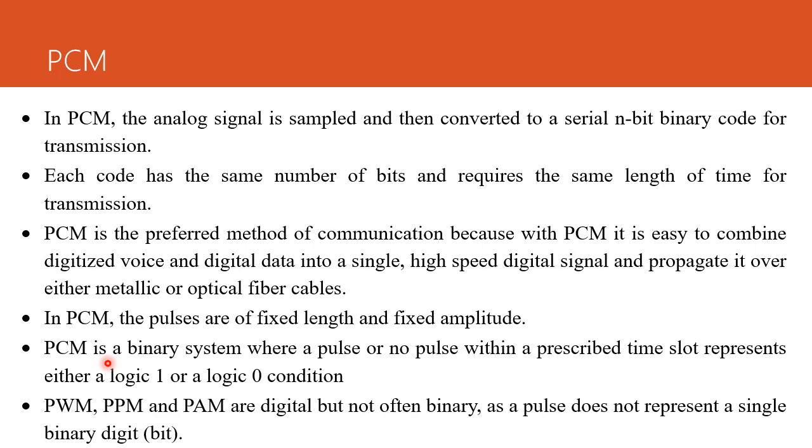That is, we can represent that output in a binary form, either a logic 1 or a logic 0. If it is logic 1, then it is represented with a pulse. If it is logic 0, then there will be no pulse at the transmitter. So PWM, PPM, PAM are digital but not often binary, as a pulse does not represent a single binary digit.